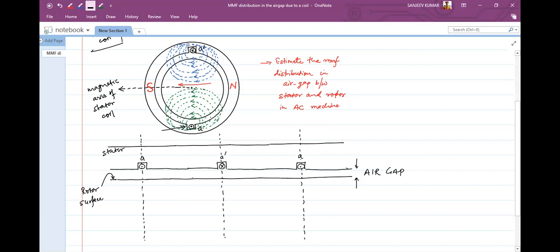Okay, and this is the center line. This is the magnetic axis, since the magnetic axis lies exactly between this cross and this dot. So let's draw that magnetic axis line. This is the magnetic axis.